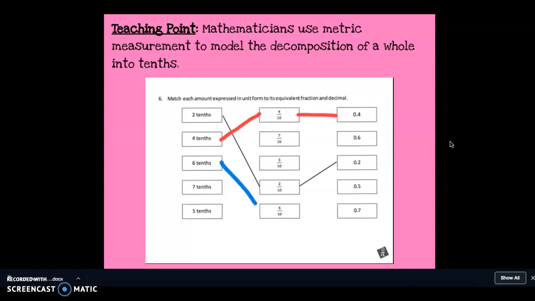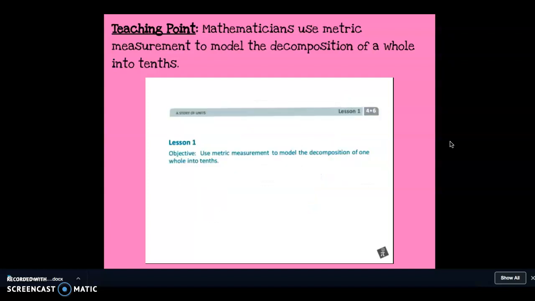So 6/10 goes here, and then 6/10 goes way up here, and you get the idea with the rest of this video. It's just connecting your unit form with a fraction with the decimal. And that wraps up fourth grade Module 6, Lesson 1, using that metric model, the metric measurement system, to connect the fraction to the decimal.